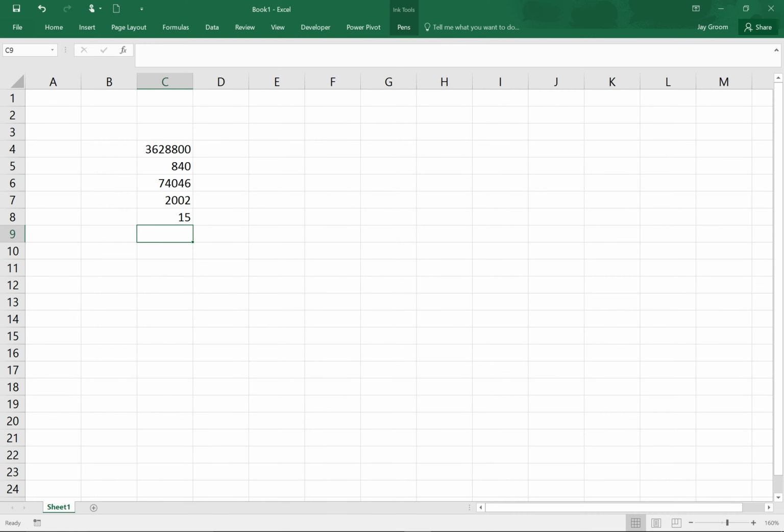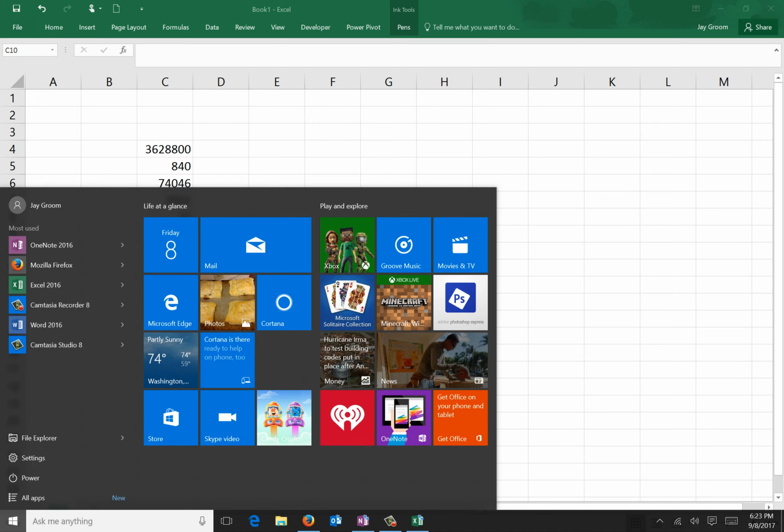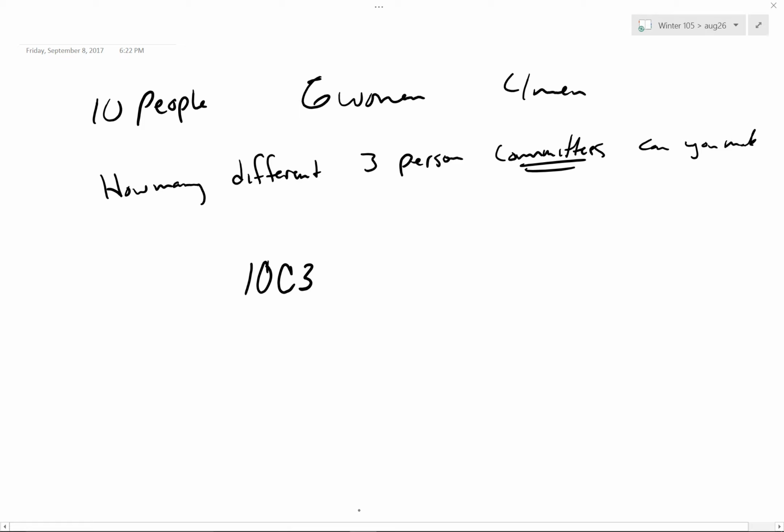I feel like I already did that one, but we'll do it again. Equals combin, 10, 3. Booyah, 120. Now, there's 120 ways to do that. A person could phrase this a couple of ways.